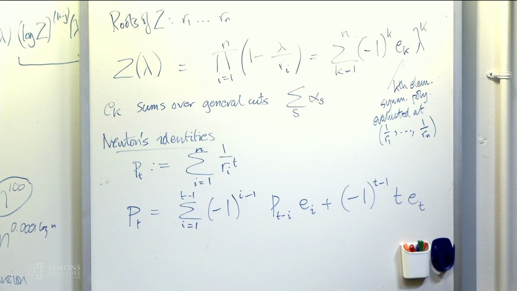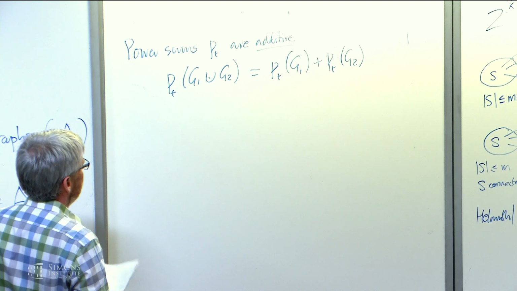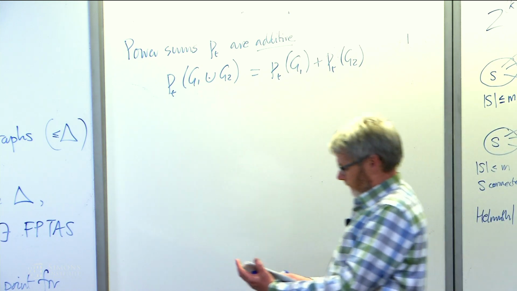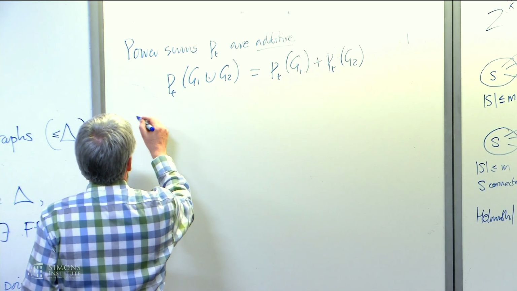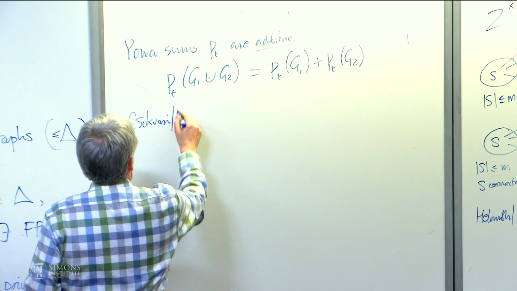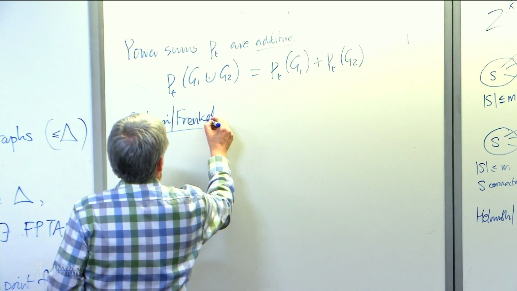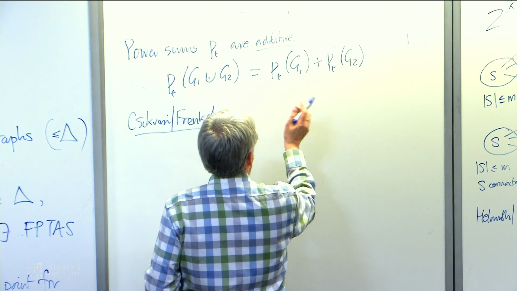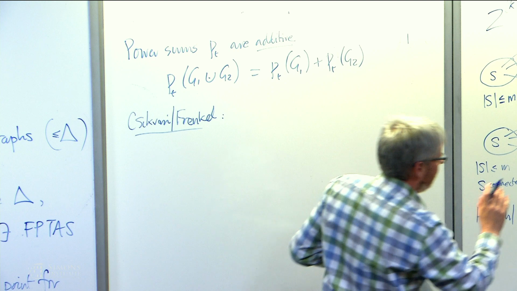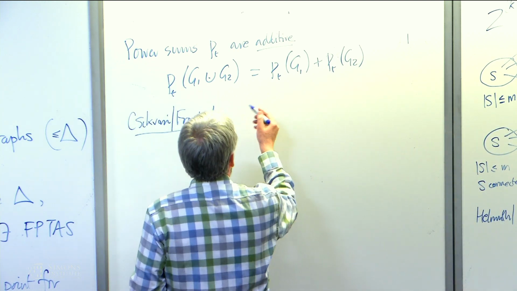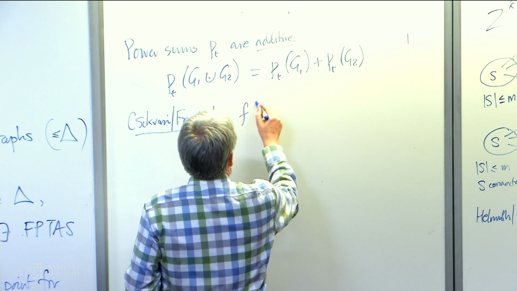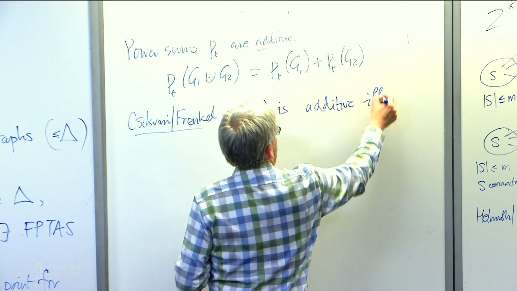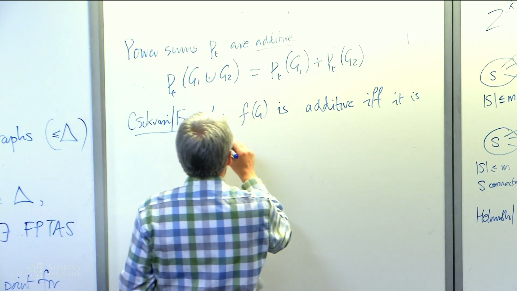And then there's a general theory of graph invariants and their representation as weighted sums over subgraphs, which, I believe, is due to Sokal and Frenkel. It tells you that a graph invariant represented in this way is additive in this sense if and only if it is supported only on connected subgraphs.